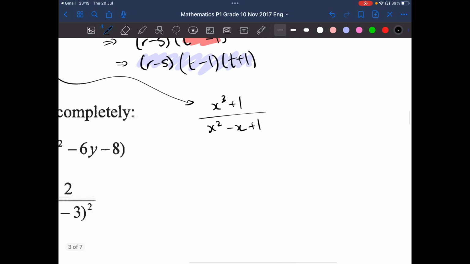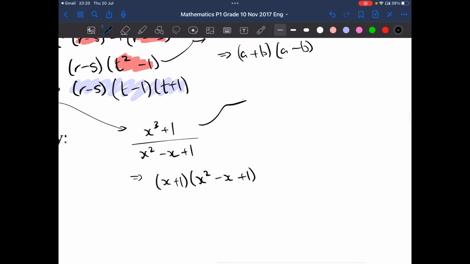Now remember for cubes, if you're adding two cubes, x cubed is obviously a cube, and plus 1 is obviously a cube as well, because 1 cubed is 1. We can simplify that there. We start off by taking the two things and adding them, so x plus 1, and you multiply that by x squared minus x plus 1.